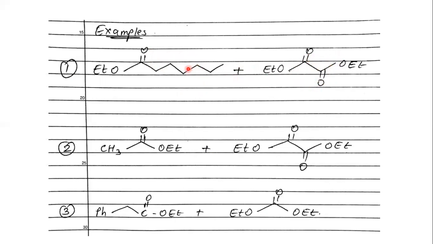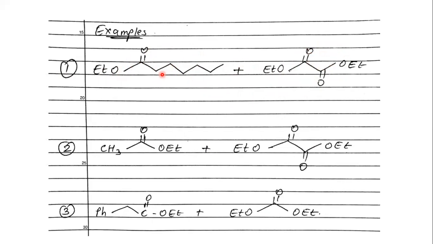So two kinds of products can be formed in the first example. One is the condensation product, another is the self-condensation product of this ester. Which is going to be higher? Obviously, the condensation product is going to be more in yield, because this is going to be a very strong electrophile. If this is undergoing self-condensation, it has to act as an electrophile and also as a nucleophile.